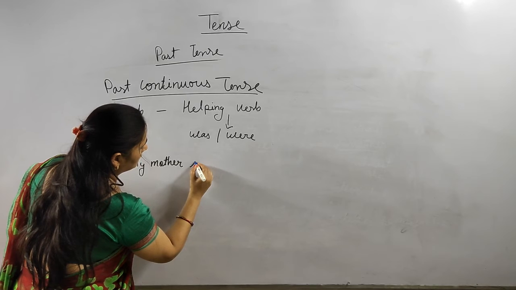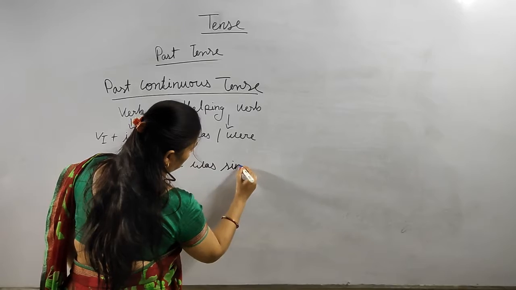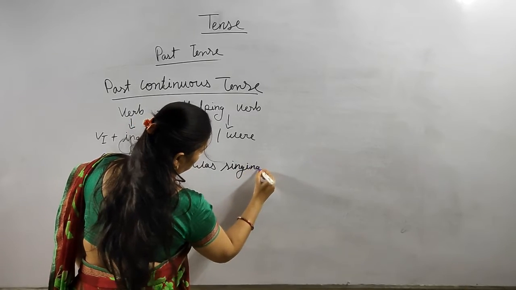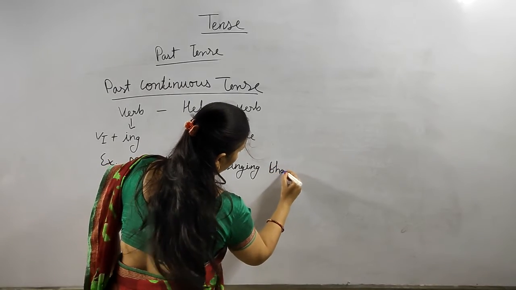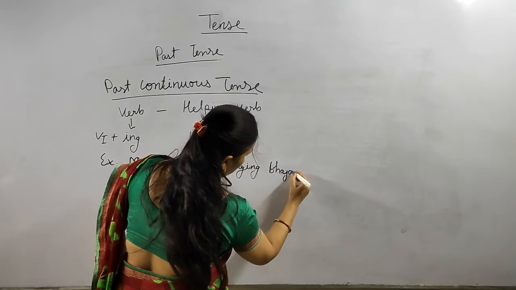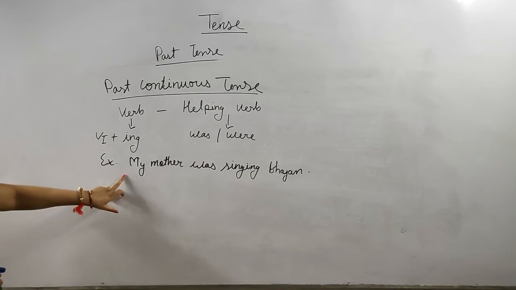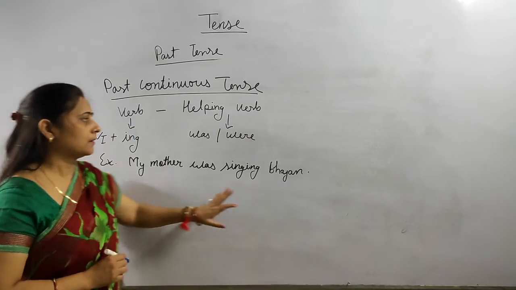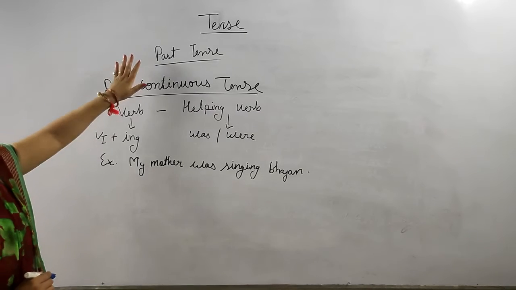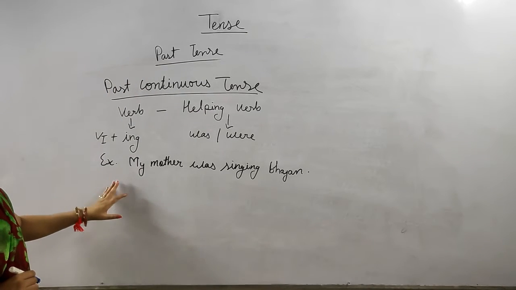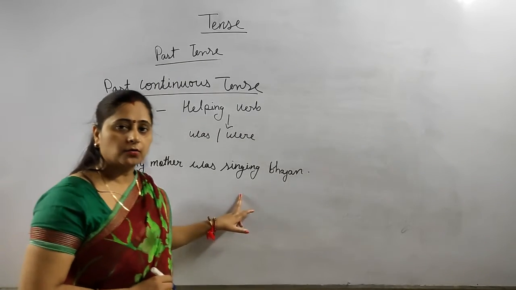My mother was singing bhajan. So in that way, in the simple past tense, I have told you how to change an affirmative sentence into negative and interrogative.